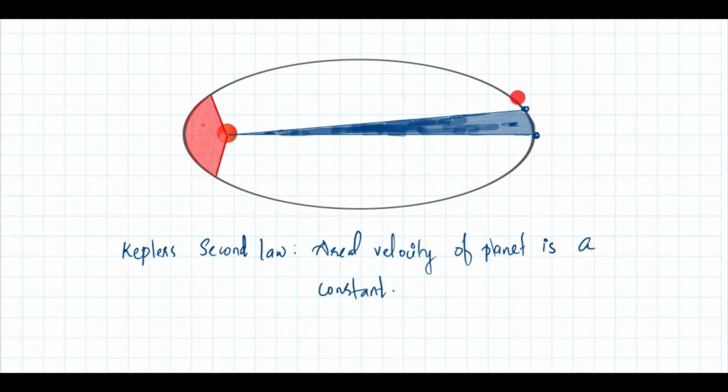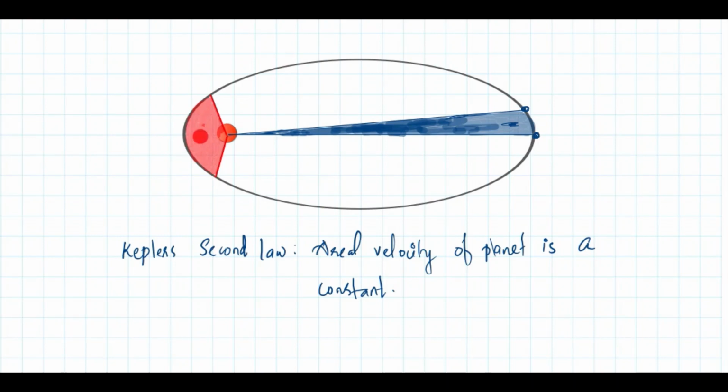Now in the Kepler problem, or for the case of planetary motion, the planets always move in an elliptical orbit around the sun. This is the sun, this is the planet. Suppose when it is at a larger distance from the sun, this planet covers a distance this much in a time dt. Then the area swept out by the radius vector is shown by this blue color. And when the planet is near to the sun, it has to cover a greater distance. So the velocity should be high. When the planet is nearer to the sun, the velocity should be high.